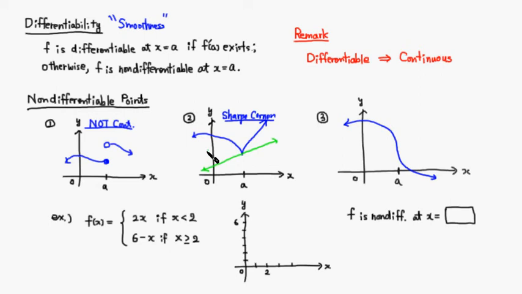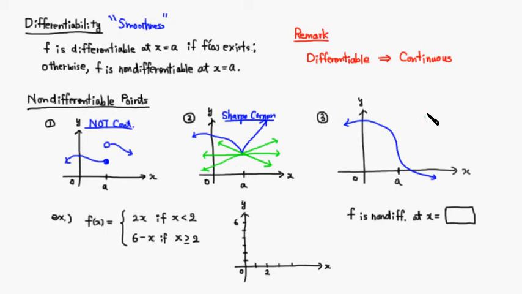Is this the tangent line, or this, or this? We cannot identify a single line as a tangent line. So the tangent line does not exist, which means the slope of the tangent line cannot be determined either. So when you have a sharp corner, it's not differentiable at that point x equals a.